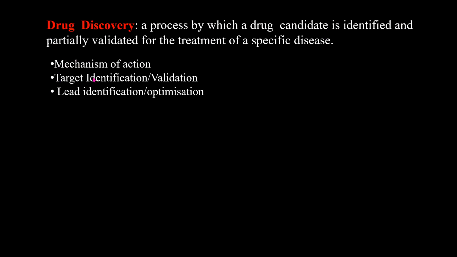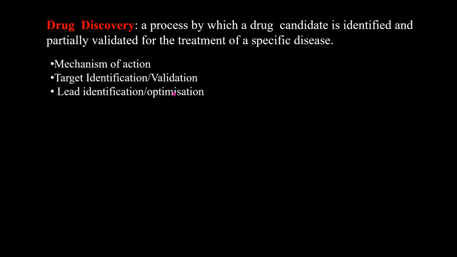Then we look at the small molecule, that's the lead. Different names are there: lead molecule, ligand, or hit. It's not called a drug. It's called a drug only when it is completely approved by the FDA. Until then, generally we call it a lead molecule, with lead identification and optimization.